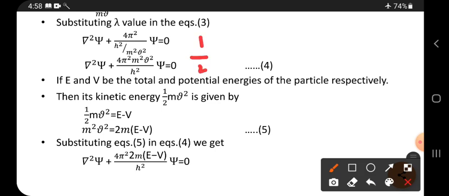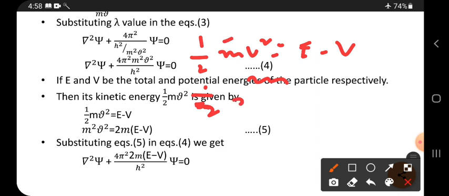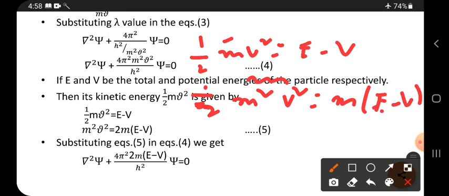Half mv square is equal to E minus V. So multiplying with m on both sides, then 1 by 2, m already is there, m into m square, v square on this side, and on this side m into E minus V. And bring this 2 to that side.